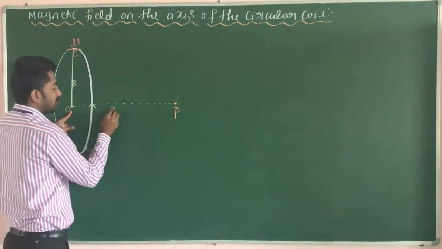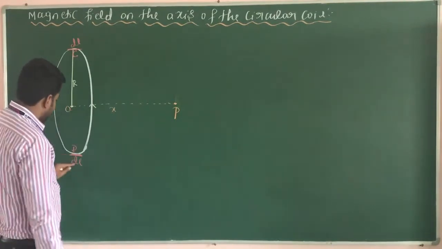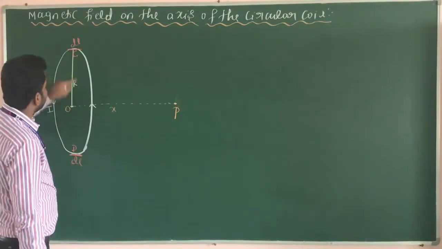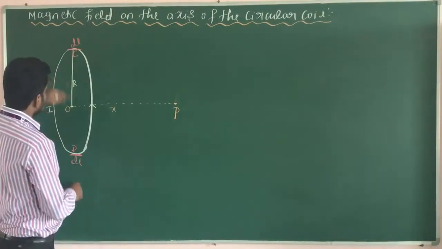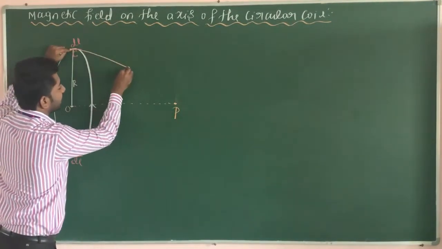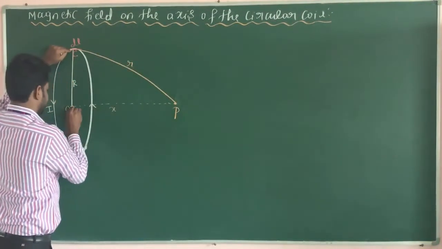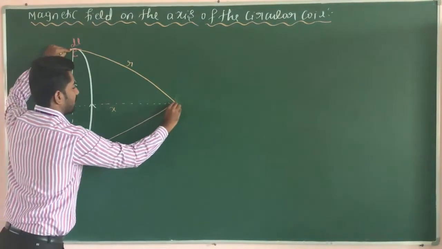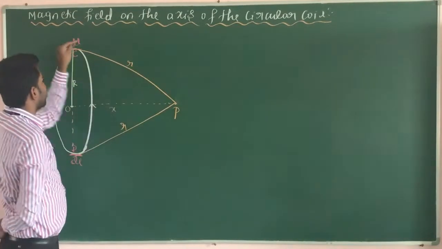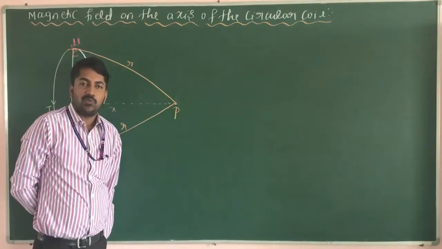Now consider the two current elements C and D. Due to these current elements, the magnetic field is produced at this point P. Capital R is the radius, and small r is the distance between the current element and the point at which the magnetic field is to be calculated.